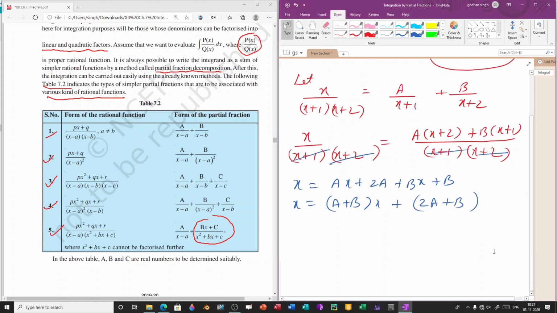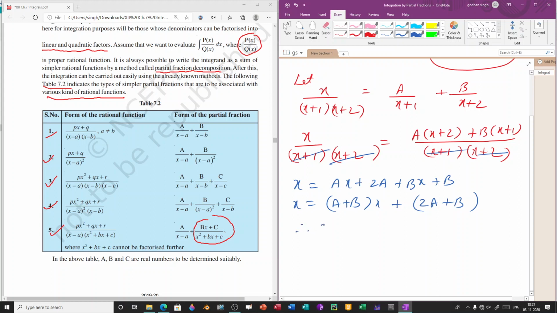Now we will compare both sides. x has to be compared with x and constant with constant, but here there is no constant, that means the constant on the left hand side is 0. So that means 2A plus B will be equal to 0 and A plus B will be equal to the coefficient of x, which is 1 here.